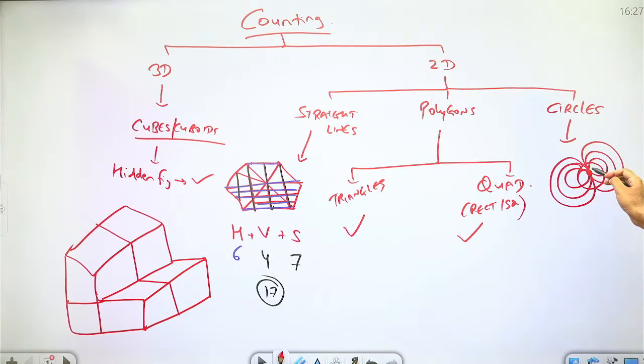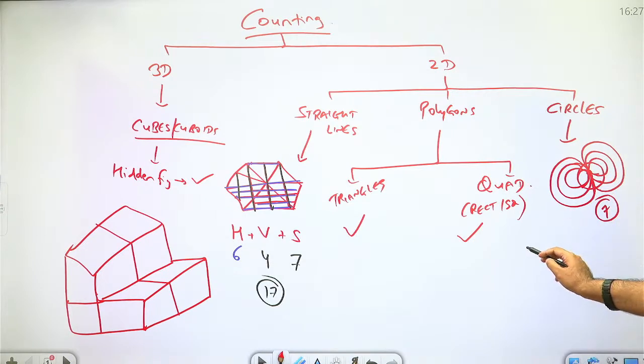Now they're asking me how many circles are there in this figure. So I will pick up this origin point and see how many lines are going out of it. 1, 2, 3, 4, 5, 6. 6 of these circles and the 7th one is the one here. So there are 7 circles here. This is one way of counting. You will just look at the origin figure.